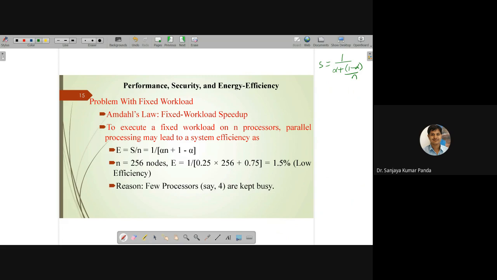There you can apply Amdahl's law. Suppose your system has n processors and you want to execute a fixed workload. Parallel processing may lead to a system efficiency. Remember, S is equal to this formula, and efficiency E can be calculated as S by n.